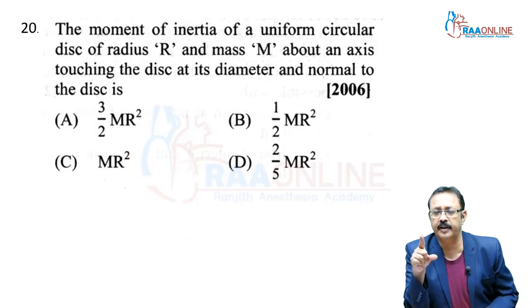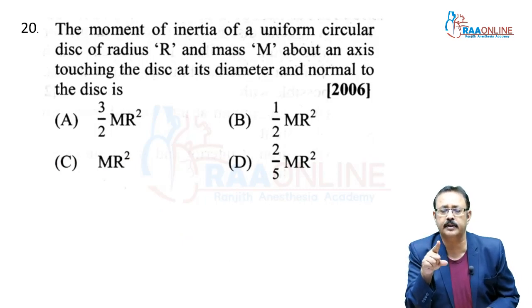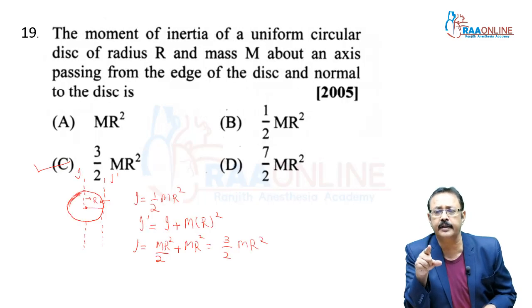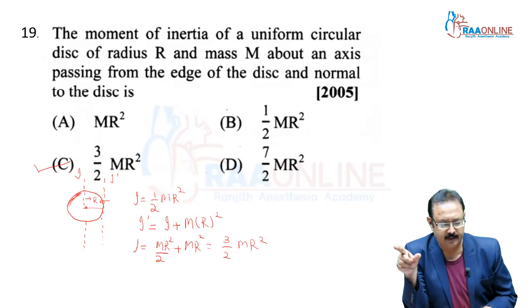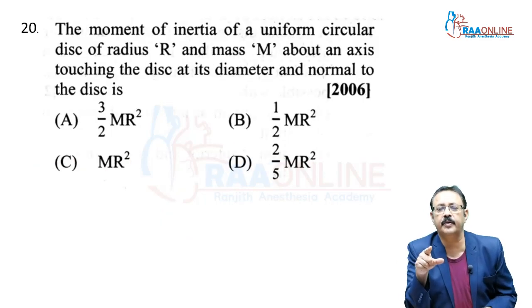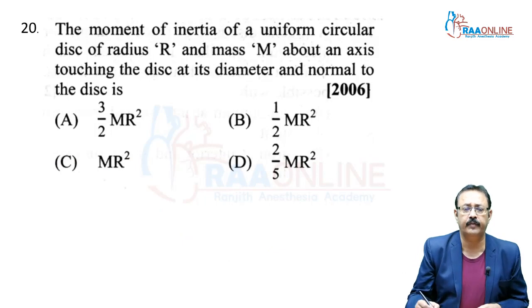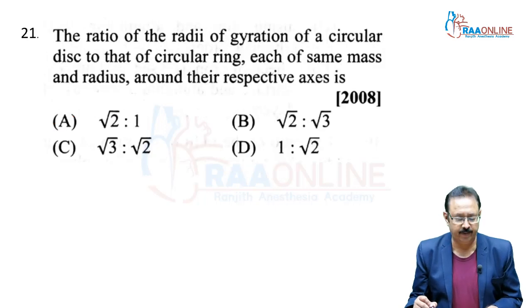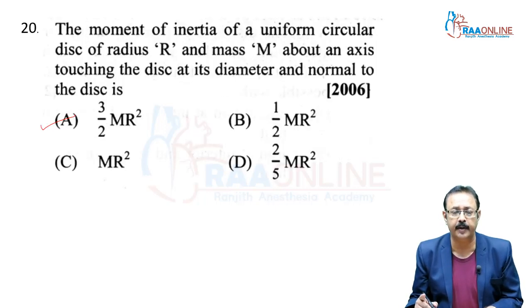Here they were saying passing from the edge of the disk and normal to the disk. So no need to solve. We have to tick only option A. It was from 2006 AIPMT.